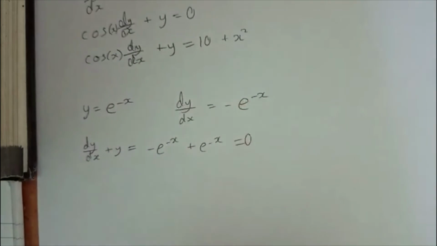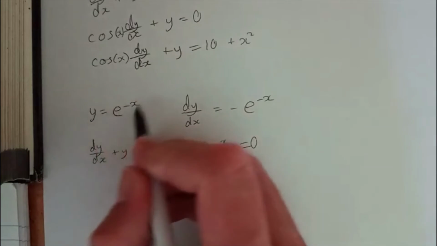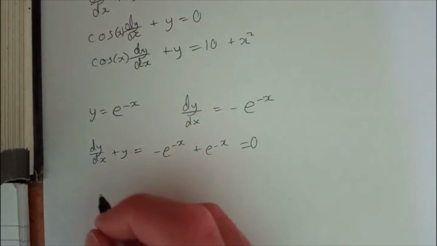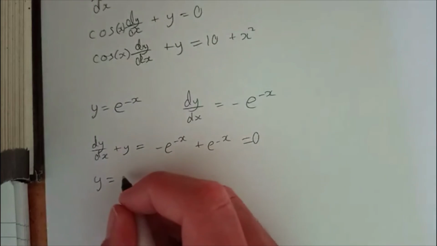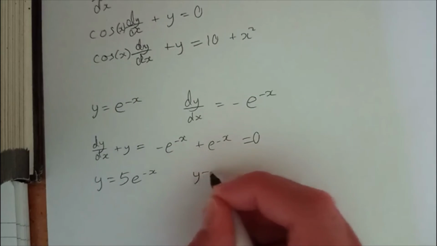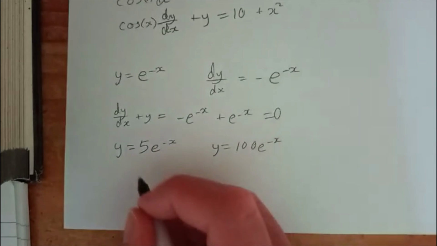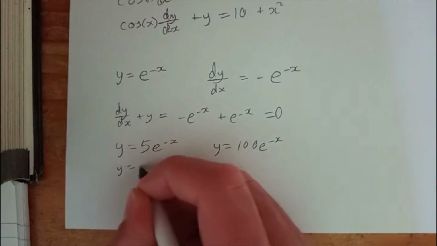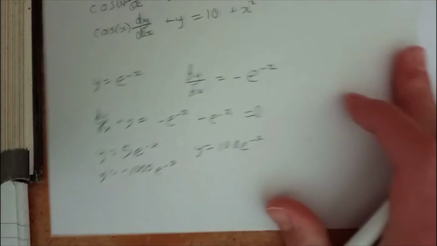Also, any constant multiple times this solution will also be a solution. So y equals 5 e to the negative x, or y equals negative 1000 e to the negative x will also solve it.